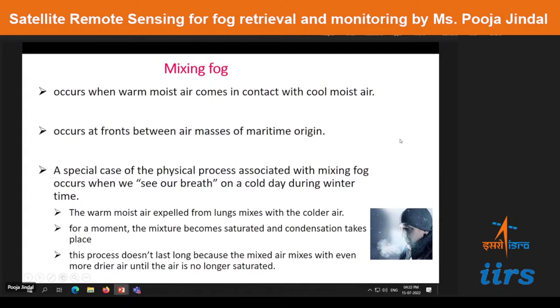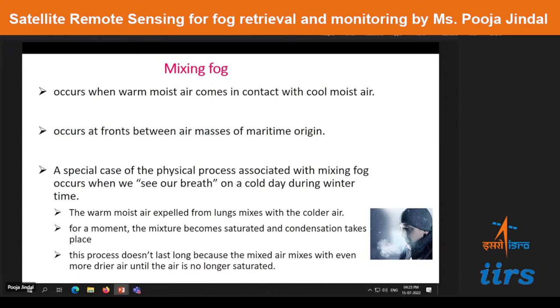A very special case of the physical process associated with mixing fog occurs when we see our breath during the winter times. You all must have seen that when we breathe during the winter, we see a small fogginess just outside our mouth. What happens is that from our lungs, warm moist air comes out, which mixes with the colder air outside, because during the winters the air is very cold.